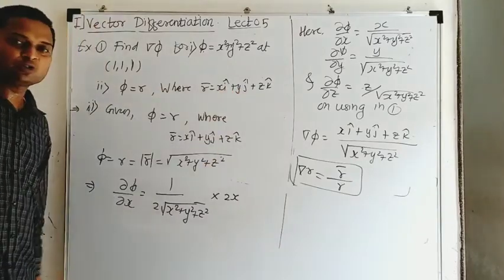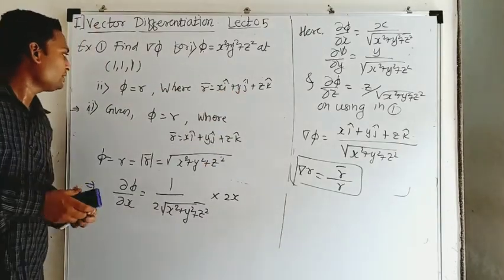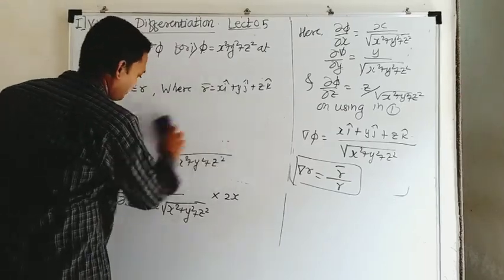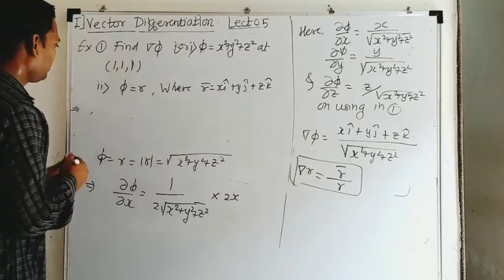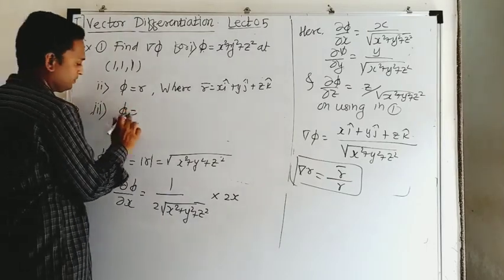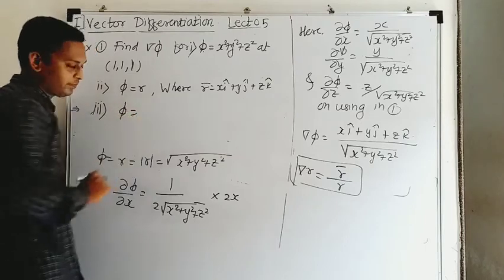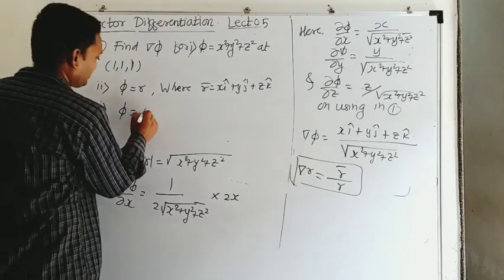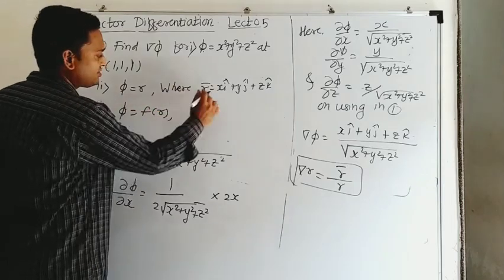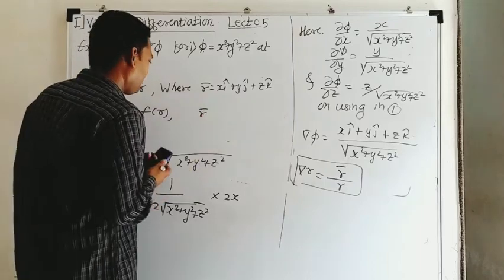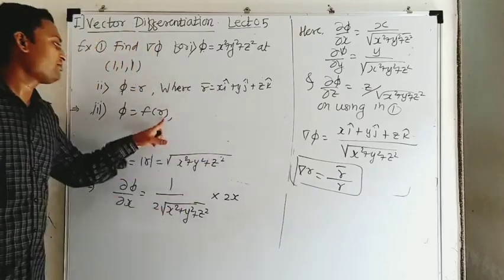So let us move towards the third one. In the third, we have phi equals f of r, where r bar is xi plus yj plus zk. So f of r is a function of some variable.